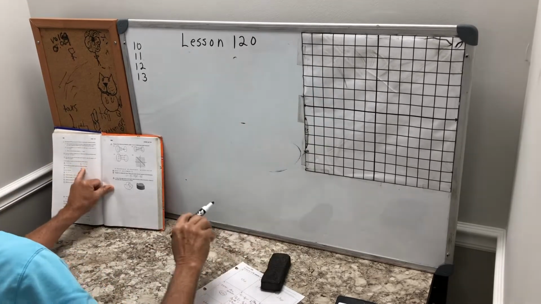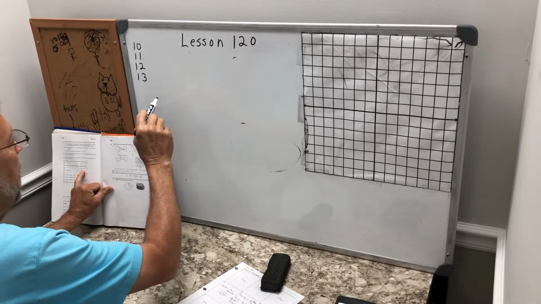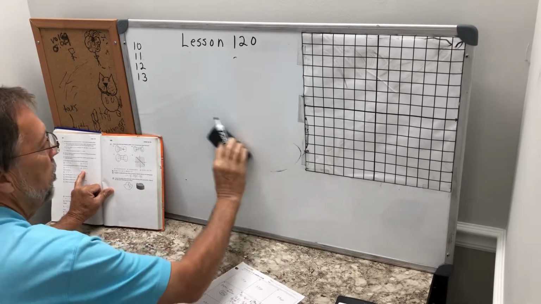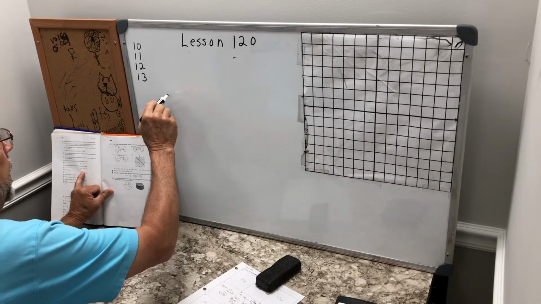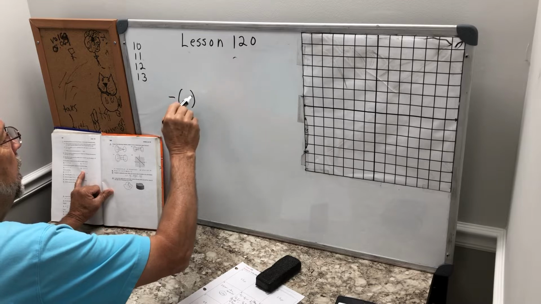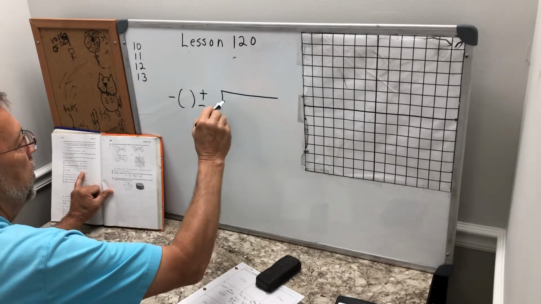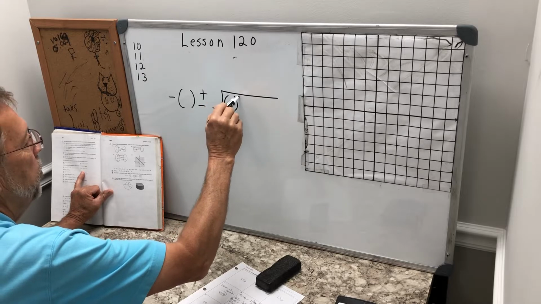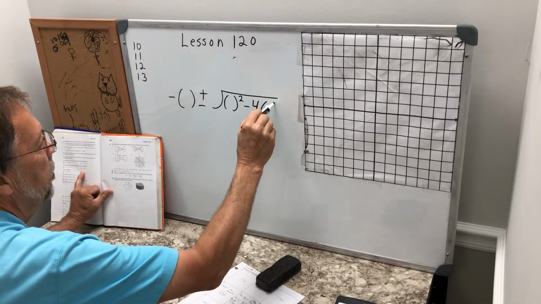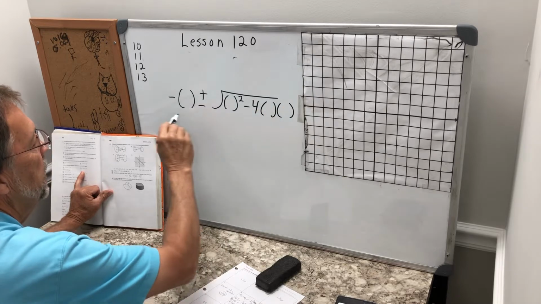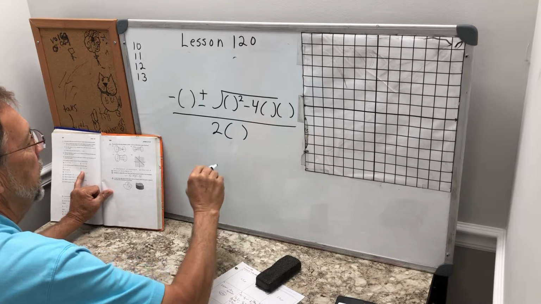Number 11 is still the quadratic formula, so we'll do that again. Memorize this. You should be able to do just like I'm going to do here now. It's going to be negative b plus or minus the square root of b squared minus 4 times a times c, over 2 times a.